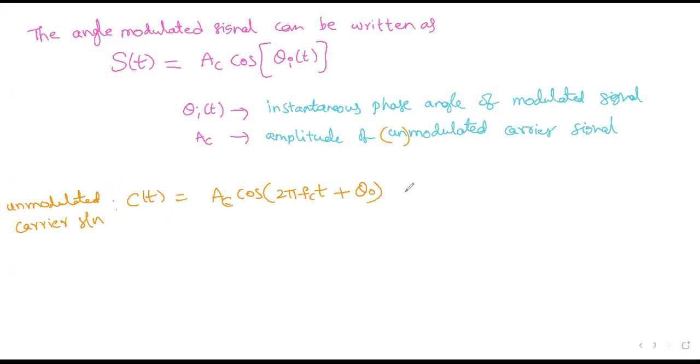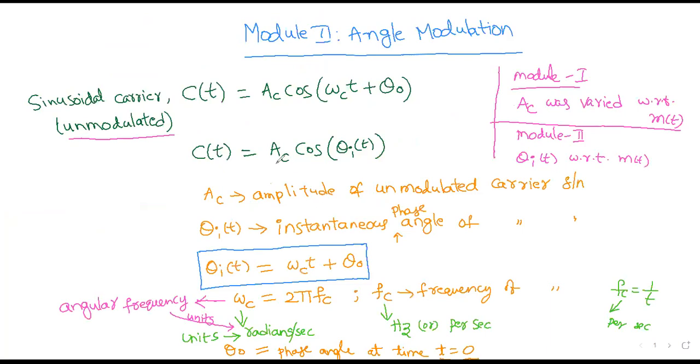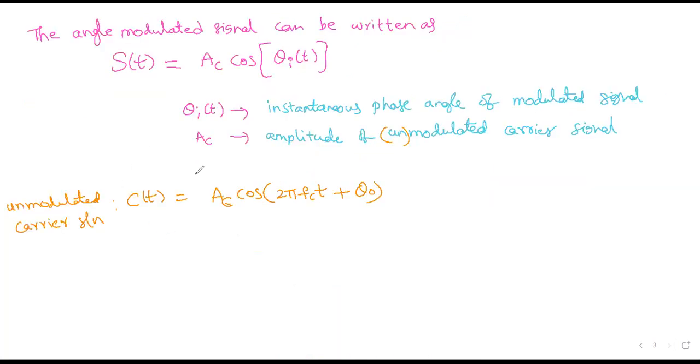I've already told you in the previous slide what omega c is here: omega c is 2 pi fc, and fc is frequency. I have already talked about the units. The point is, what is the instantaneous frequency of the angle modulated signal?